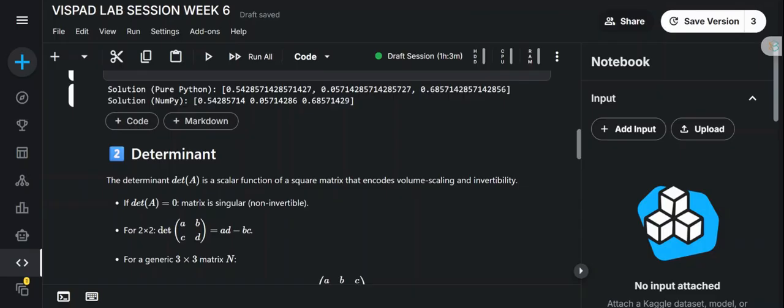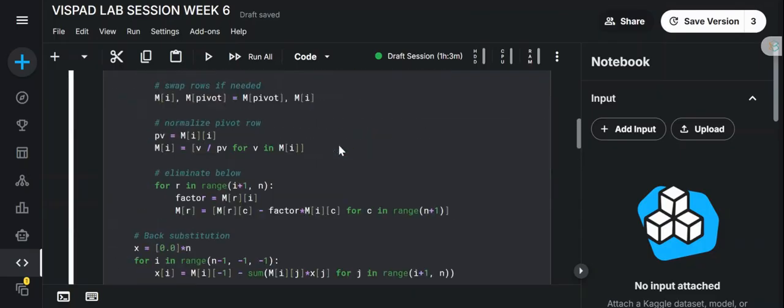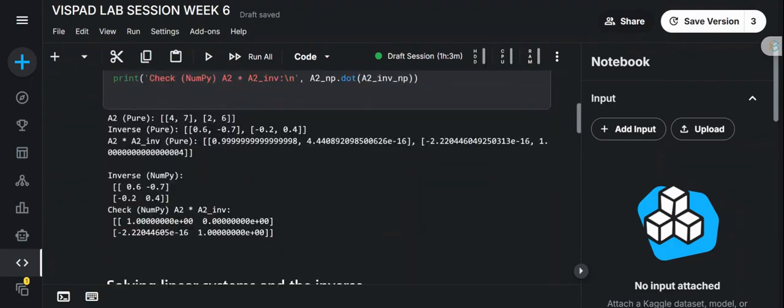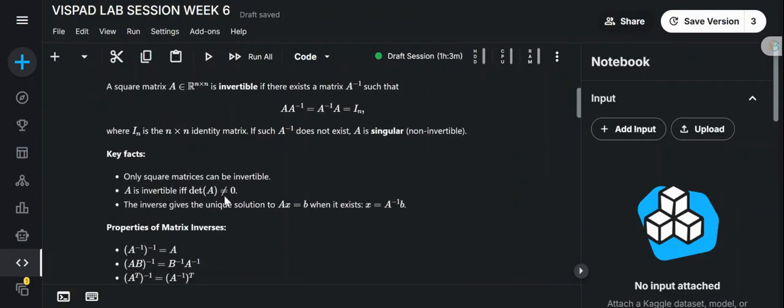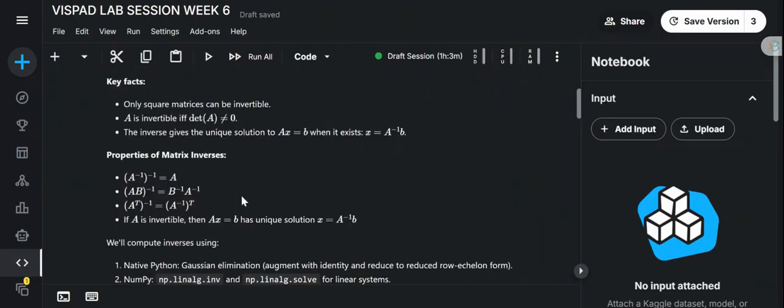Remember that an invertible matrix is a matrix that has an inverse. And remember that there was a certain connection between the inverse of a matrix and its determinant, which is shown over here. If the determinant of a matrix is not zero, then we can say that matrix is invertible, or it has an inverse.